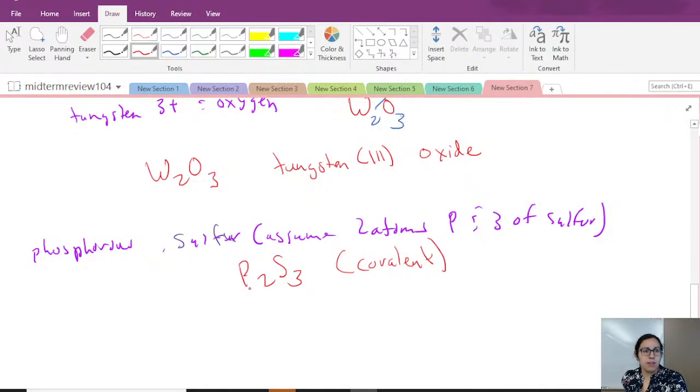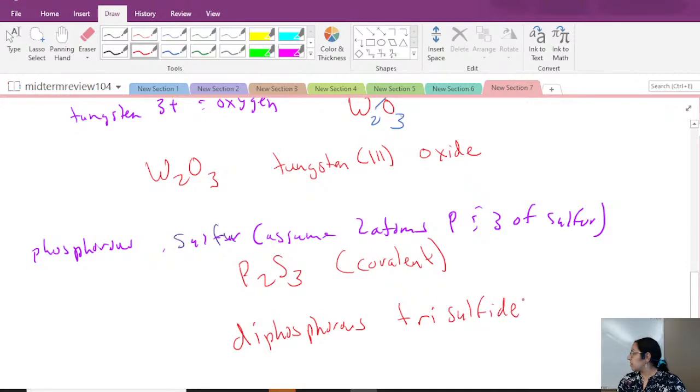So what do we do with the covalent compounds? What do we have to use? What did you say? Yeah, di. So diphosphorus, and I hear a trisulfide. Excellent. So with those covalent ones, that's where we use all those prefixes.